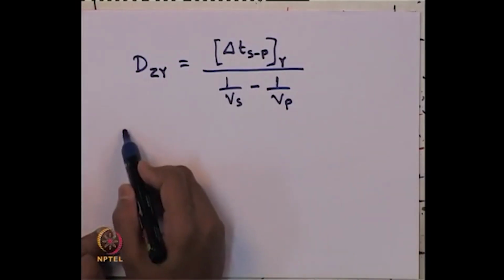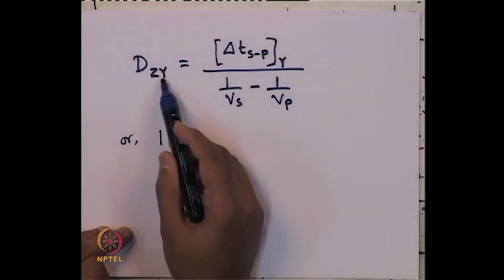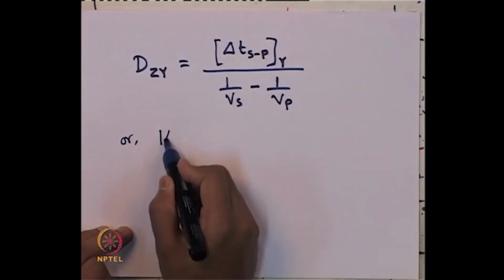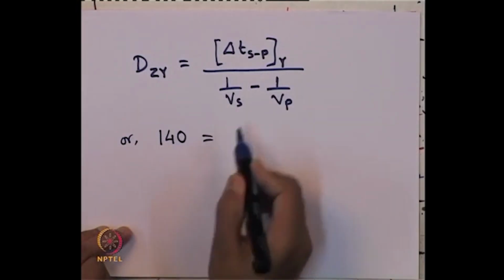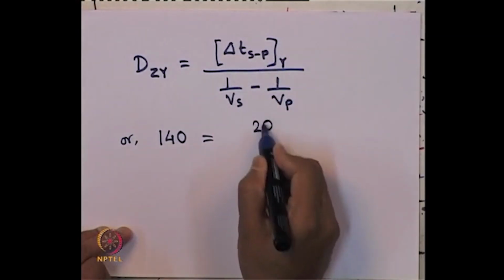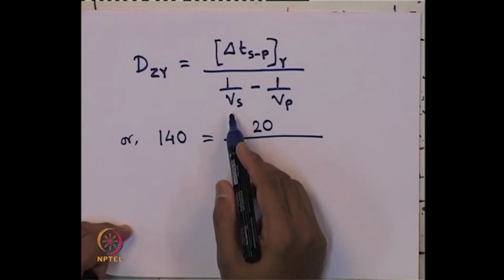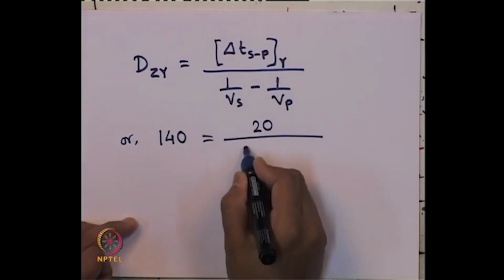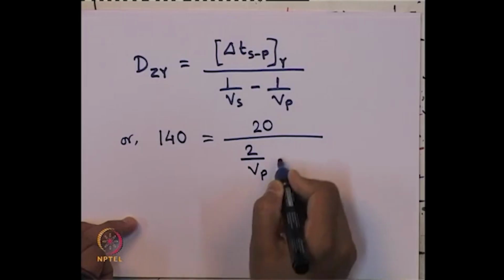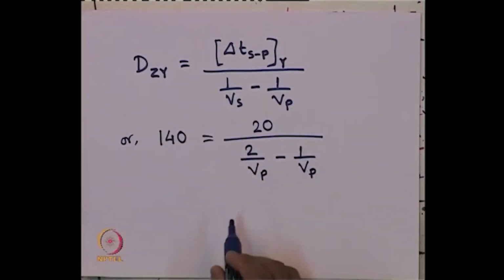So, using this we can write the value of dZY, it is 140 kilometers. The time value is 20 seconds. Now, Vs is nothing but Vp by 2. So, 2 by Vp minus 1 by Vp. So, the only unknown here is Vp.